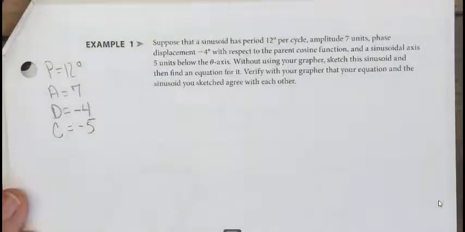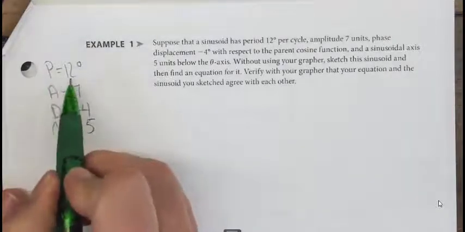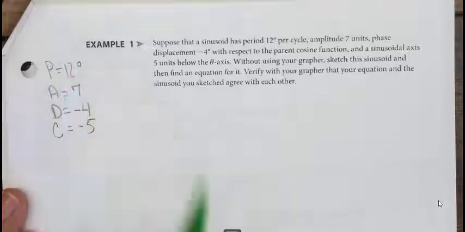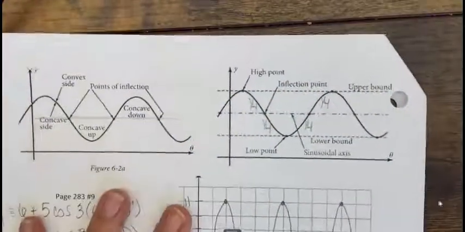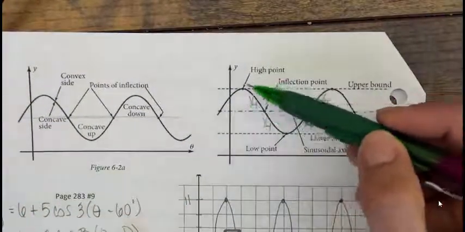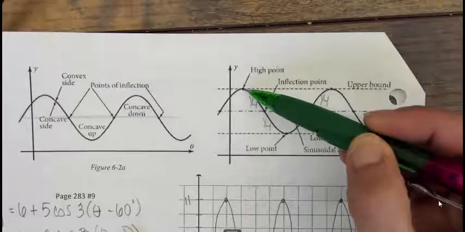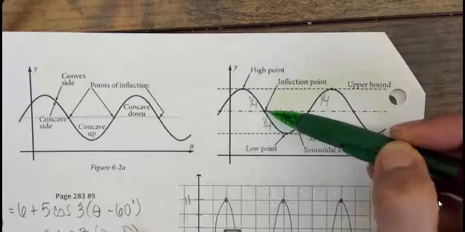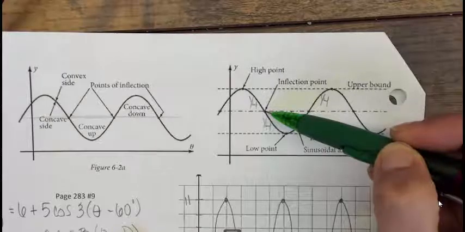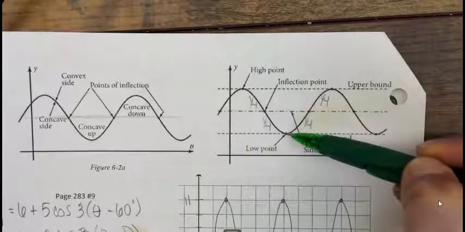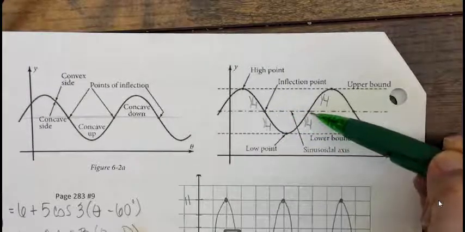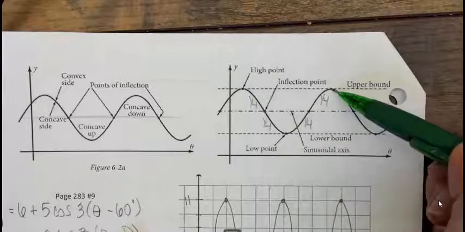So the first thing I'm going to want to think about is my period. Remember, when we graph this, we split it up into quarters. We're going to figure out where our high point is, and then we're going to go a quarter of the way to our midline, another quarter of the way to our low point, another quarter of the way to our midline again, and another quarter of the way to our high point.